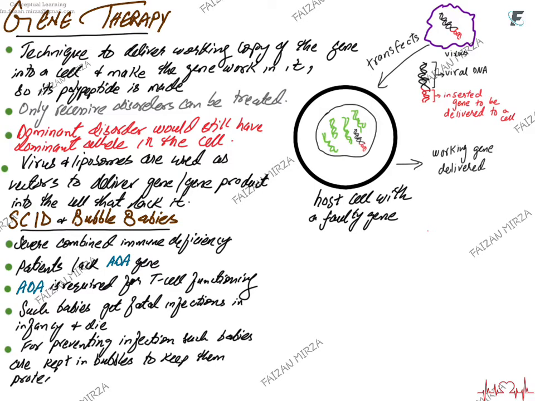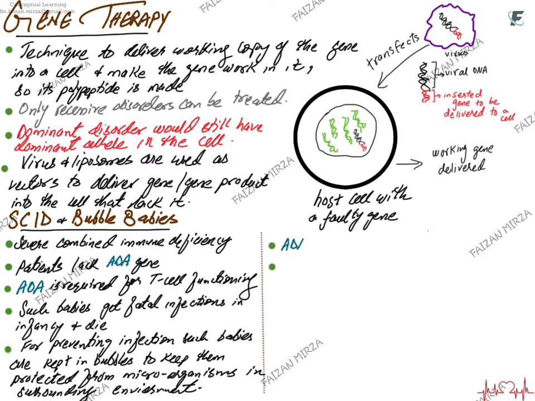The idea of these bubbles is to prevent the pathogens or microorganisms from entering their body from their environment. So the idea is to keep them protected from the surrounding environment. But this cannot go on forever. So the disease of SCID ends up causing the death of the baby.